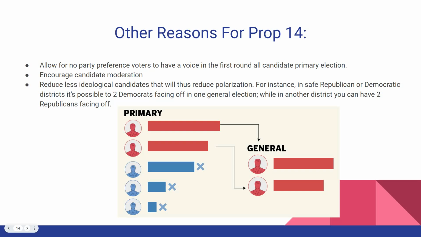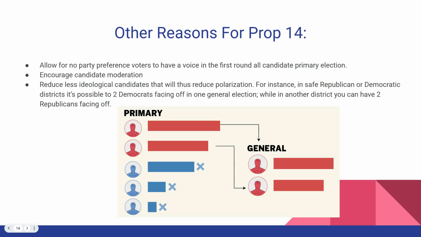This is the main selling point for top 2, 4, or even 5 jungle primaries.